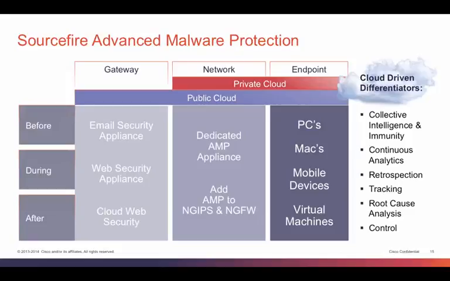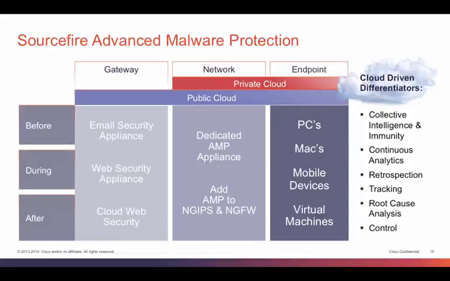When we talk about the solution, we're talking about multiple products that all work together in some fashion and all take advantage of the same collective intelligence on the back end. We've talked about how this gives us visibility across the attack continuum, but from a sales perspective, it also gives us multiple entry points into an opportunity.